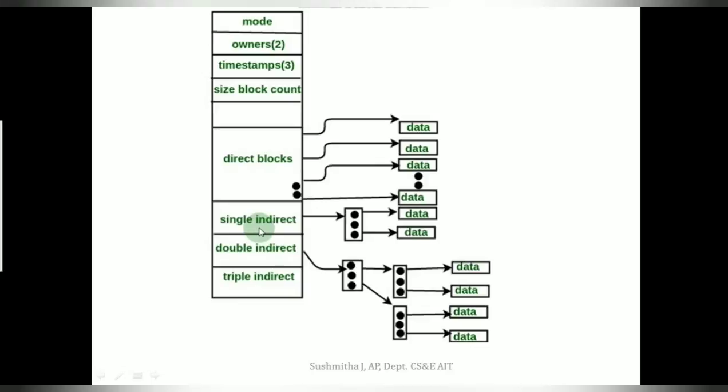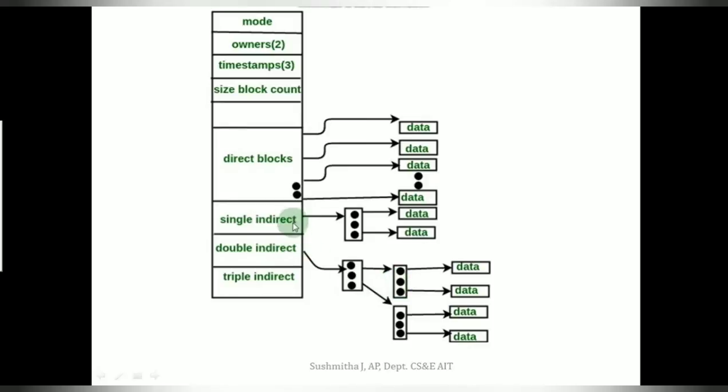Single indirect is the disk block that does not contain the file data but the disk address of the block that contains the file block. And similarly, in double indirect, it also does not contain the file data, but the disk address of the block that contains the disk address of the file data.